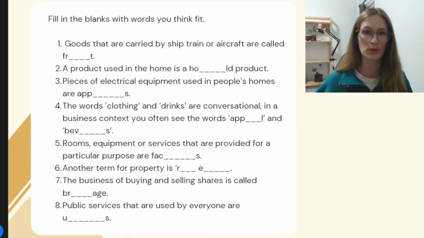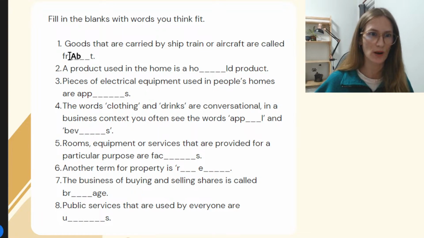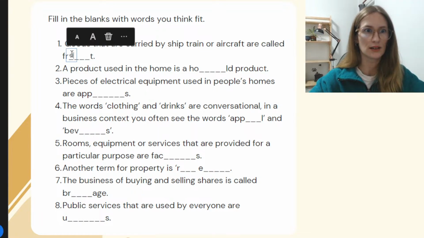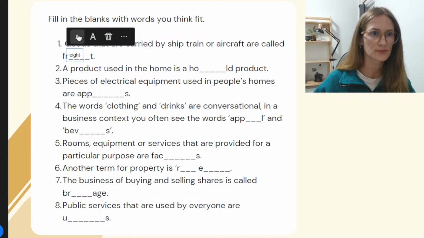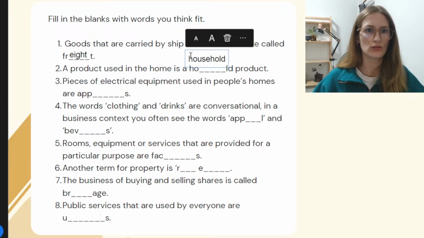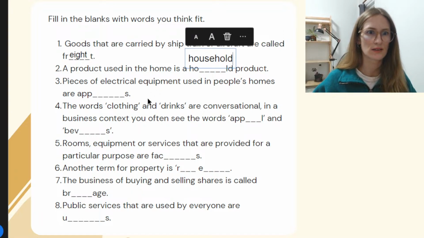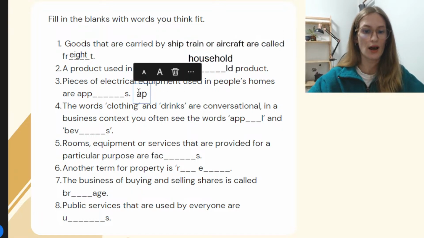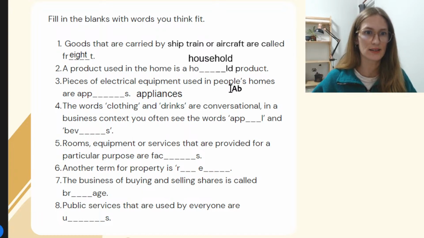Fantastic, exactly, appliances. I'll write these in so you can see the spelling as well. Freight. I'll put it at the top. Household product. This would be appliances. Exactly. Thank you.